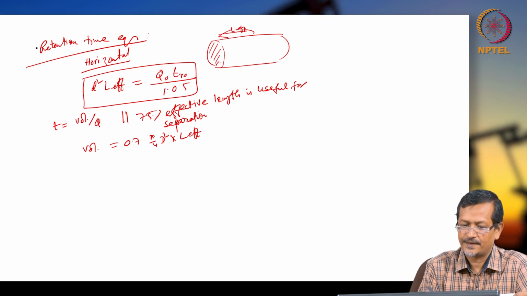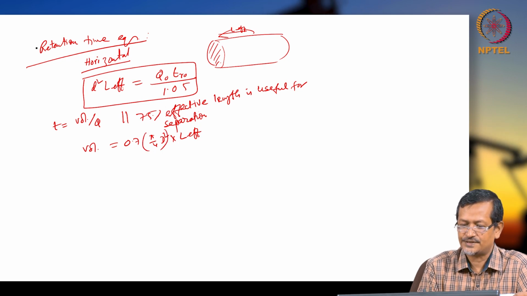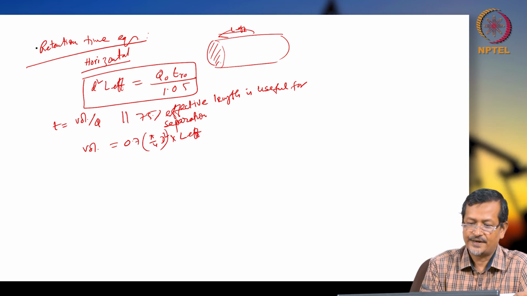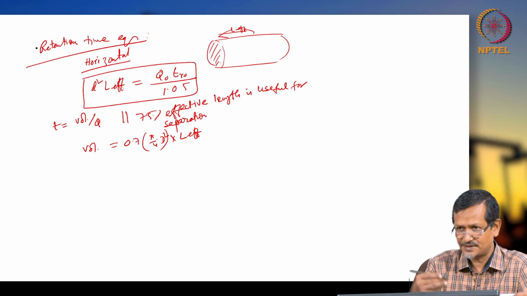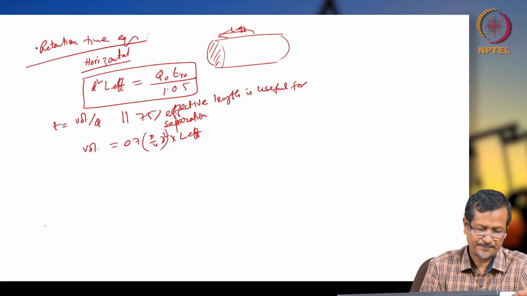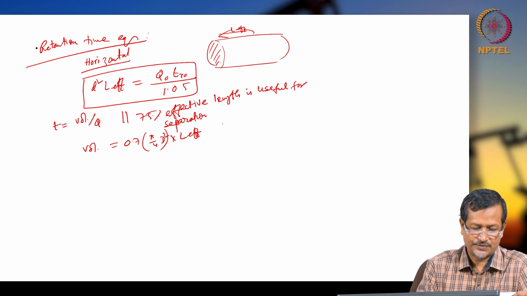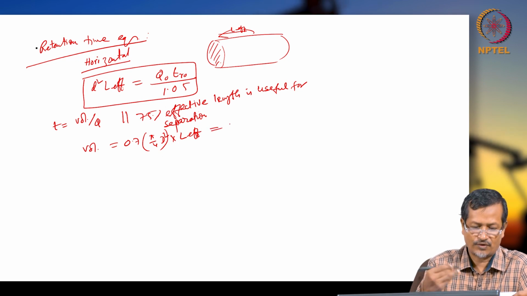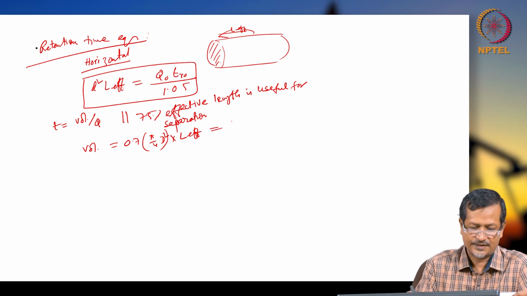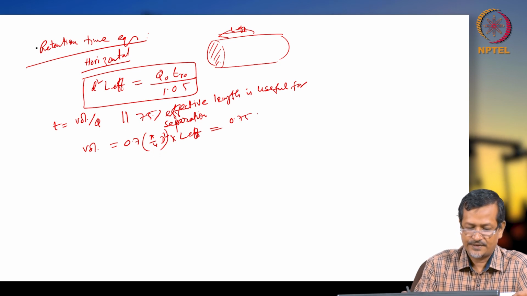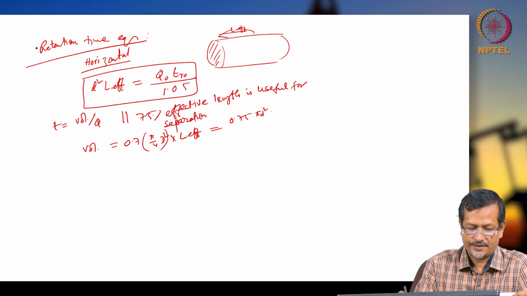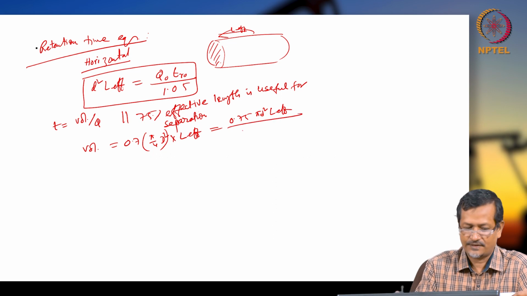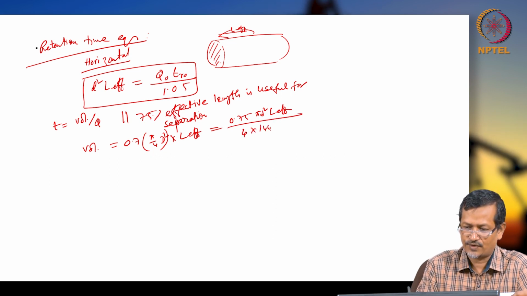Capital D, I am writing capital, that means the unit is feet. So if I want to convert into inches, then it will be 0.75 pi d square L effective length divided by 4 into 144.